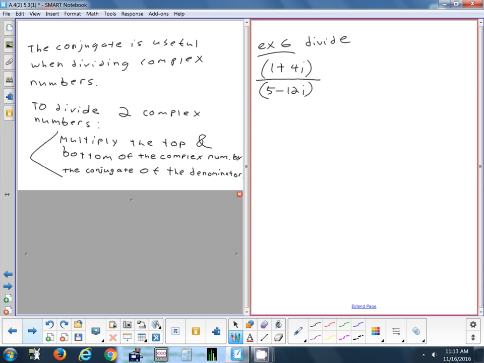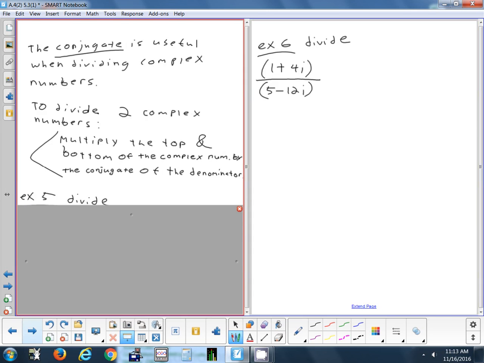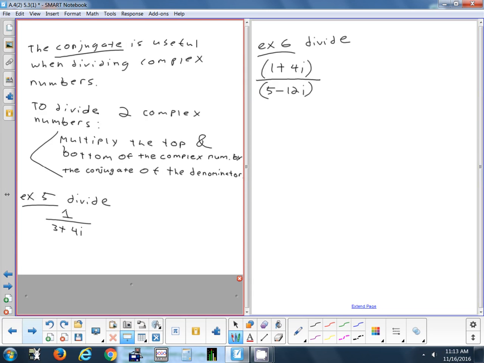You basically just take each number and put them over 25 separately rather than together. And that's it. You don't have to do out 3 over 25. Don't find the decimal unless they ask for it. You can put the i in front or you can put it right after.